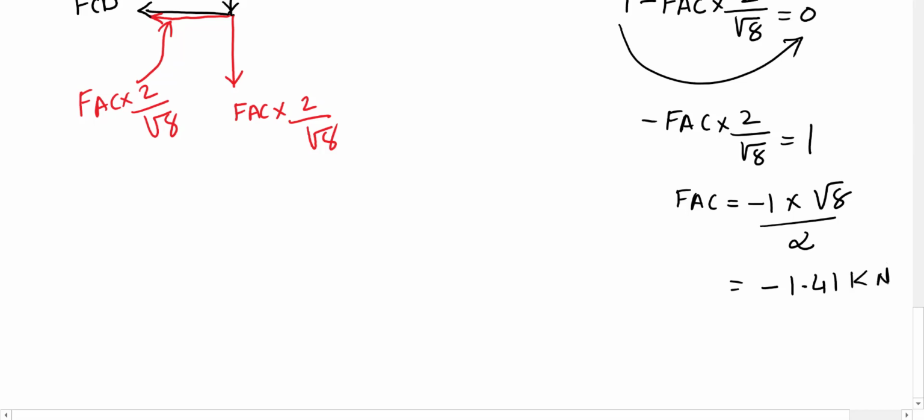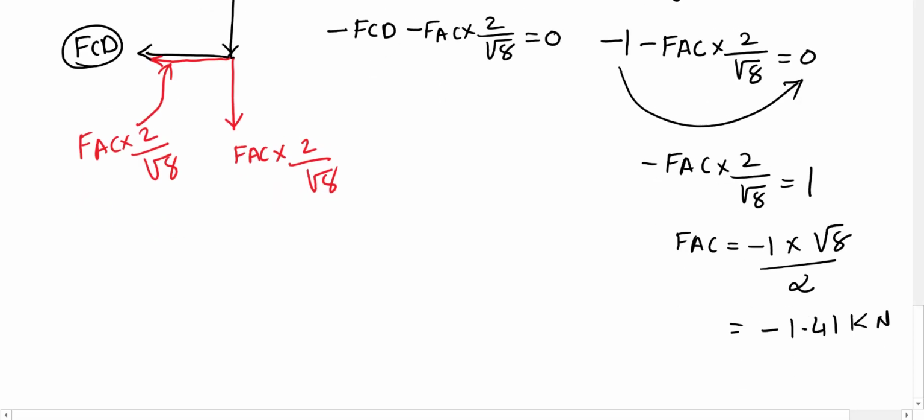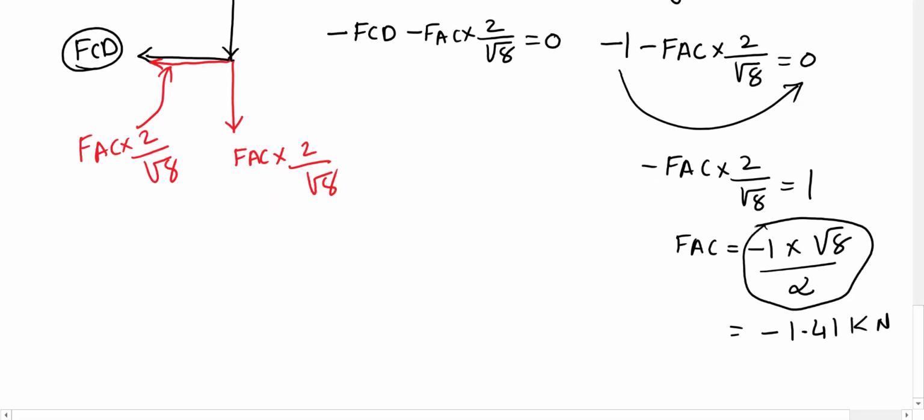And then similarly we can apply sum of forces in the x direction. FCD is going left, so minus, and minus FAC times 2 over square root 8 equals 0. Now we substitute FAC with this value, so minus FCD, and instead of FAC I put minus 1 times square root 8 over 2 times 2 over square root 8 equals 0.